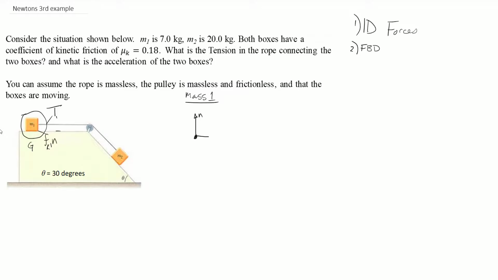We know tension is always going to be in the direction of the rope or the wire or whatever is pulling on that object. Gravity is going to be straight down towards the center of the earth. And then kinetic friction. Presumably this is going to be moving to the right, so we are going to have some kinetic friction off to the left. So we've got our free body diagram for mass 1.